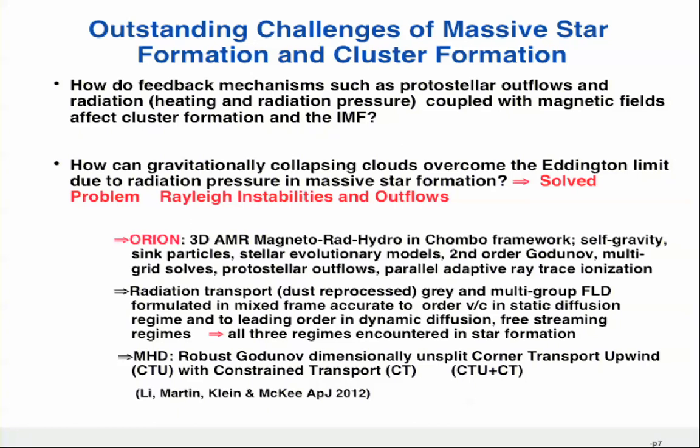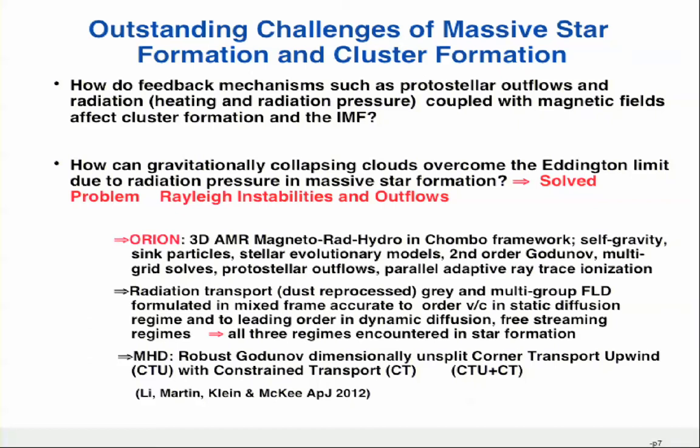The radiation transport, which is crucial due to dust-reprocessed radiation, comes in 2 flavors, gray and also multi-group flux-limited diffusion. We have formulated this in a mixed-frame formulation so that we are correct to order v/c in the static diffusion regime and to leading order in the dynamic diffusion regime and the free streaming regime. And I want to point out that all of these regimes in this highly coupled system of parabolic and elliptic equations are basically encountered during the star formation process.